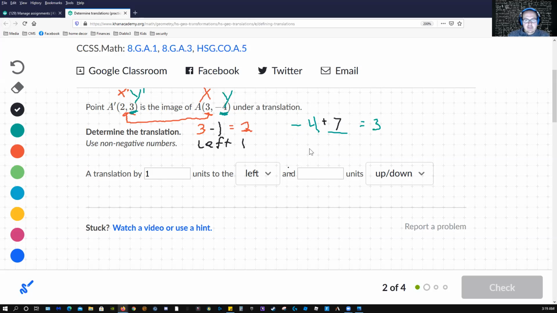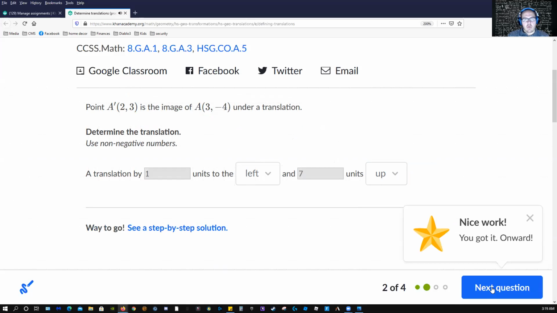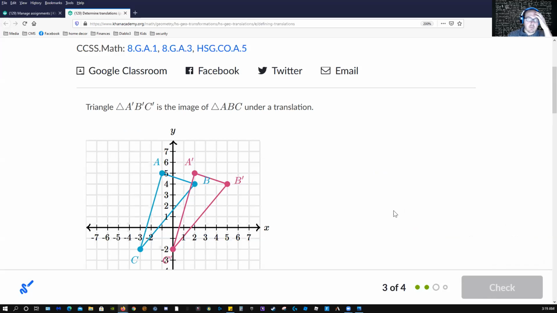And on the y-axis, if you're adding 7, that means you're going up 7 units. See? But this is the hardest one of the 3 because it's very abstract in that sense.